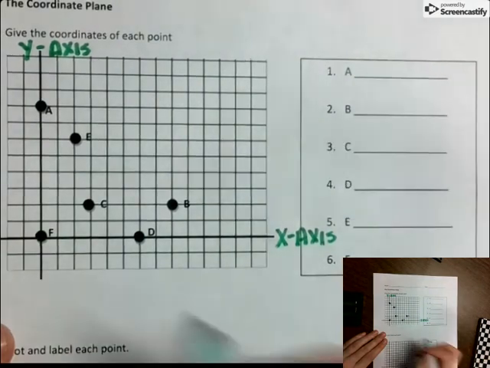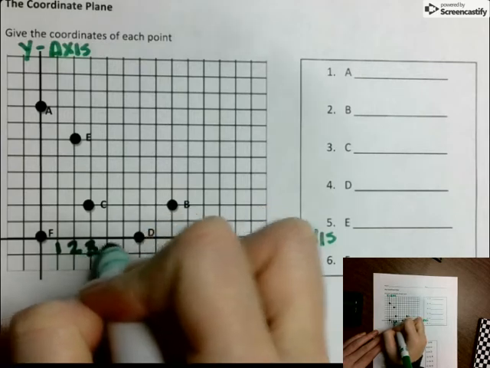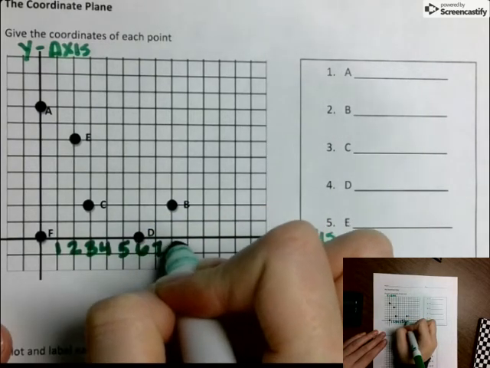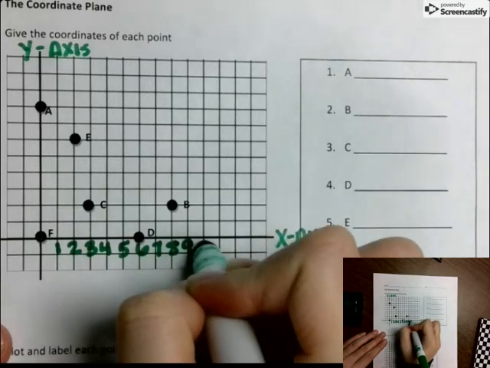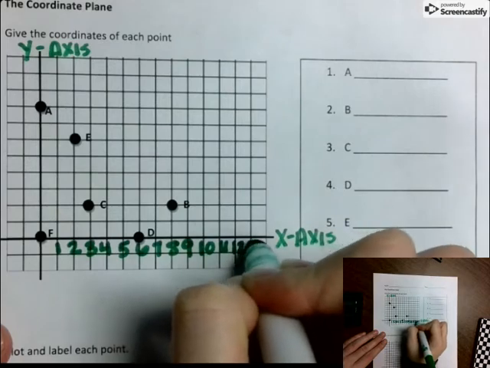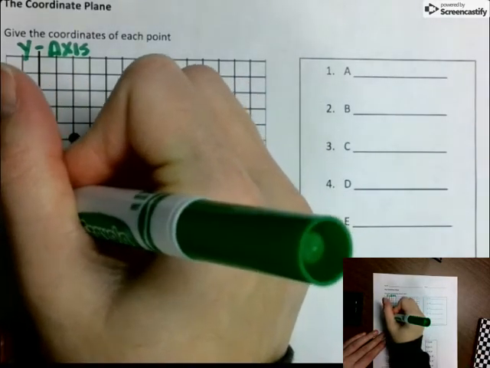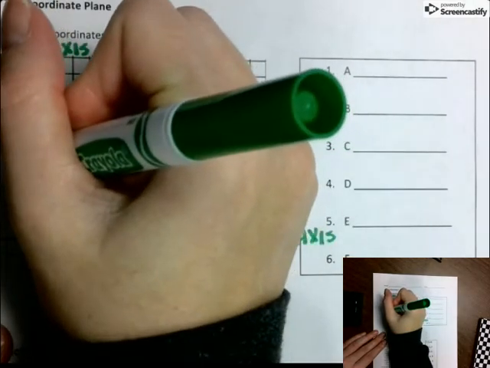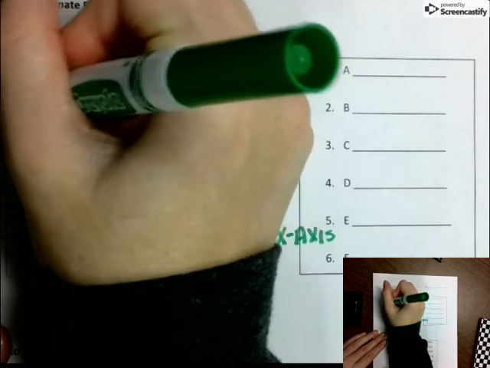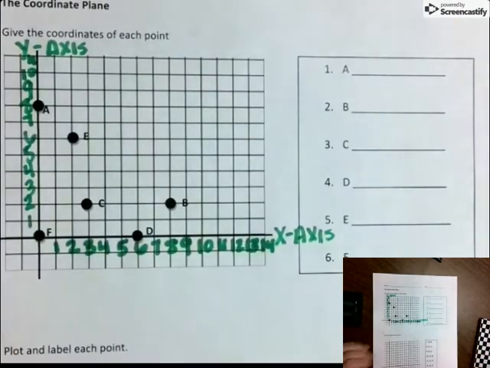If it's helpful, we can also number 1, 2, 3, 4, 5, 6, 7, 8, 9, 10, 11, 12, 13, 14. 1, 2, 3, 4, 5, 6, 7, 8, 9, 10, 11.